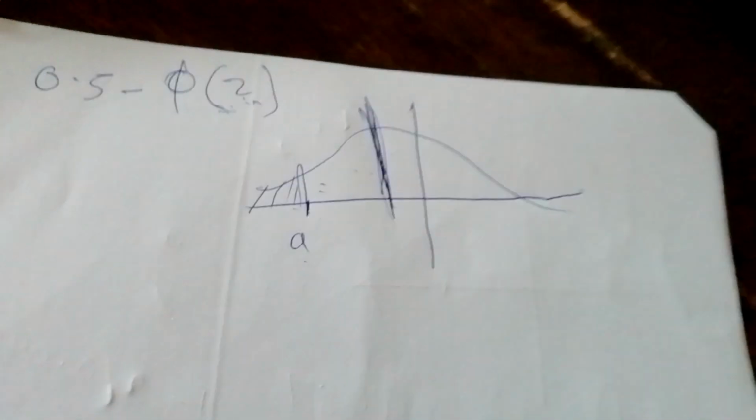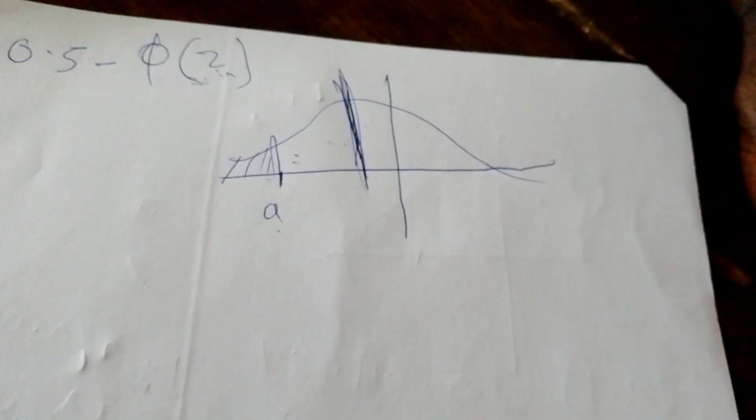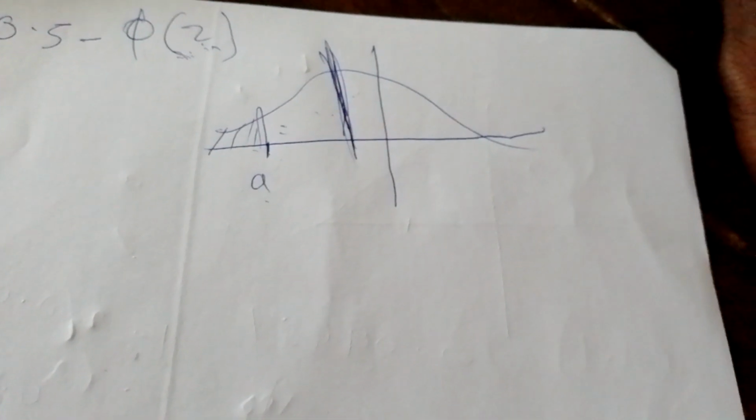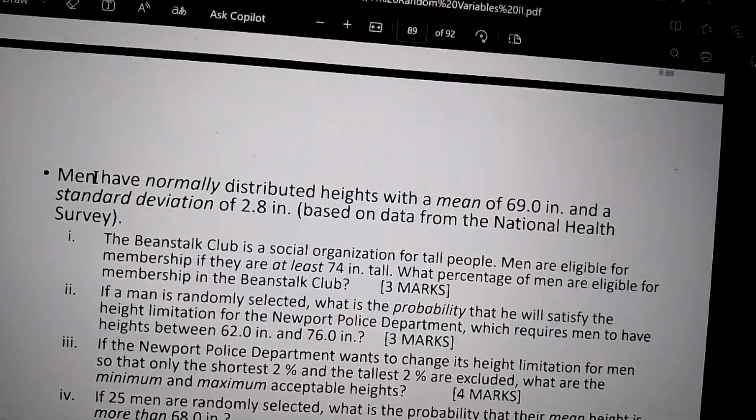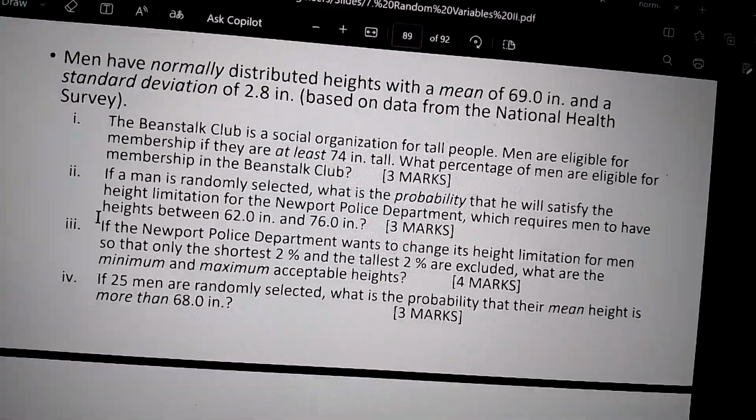So that's when you subtract from 0.5 and when you subtract from 1. With this explanation, I hope if you have a question, you know how to go about it. Okay, so let's try another example. There are a lot of examples here.